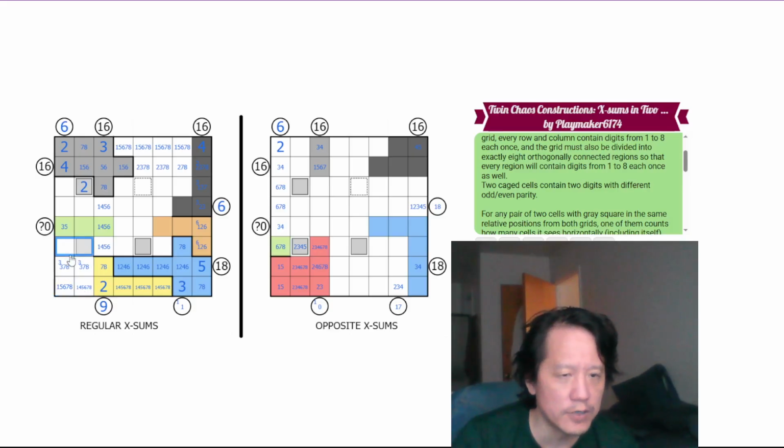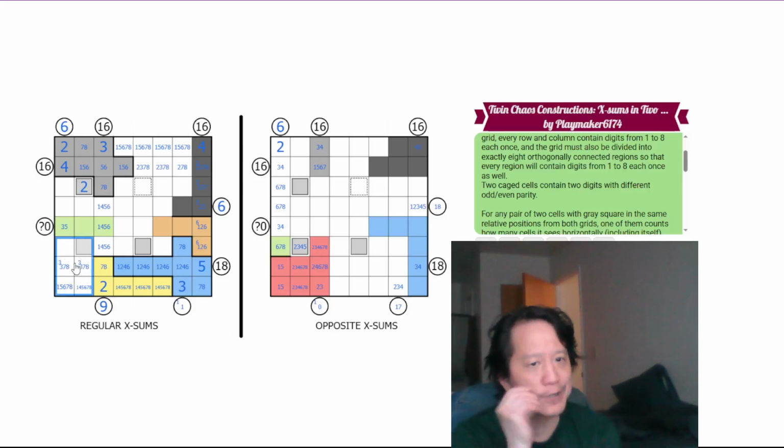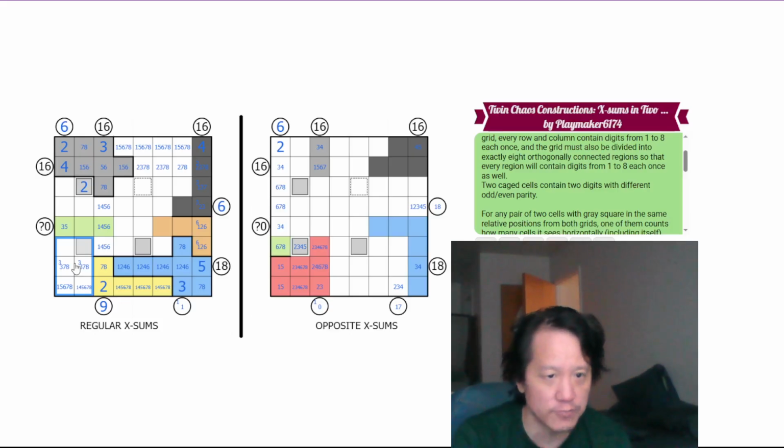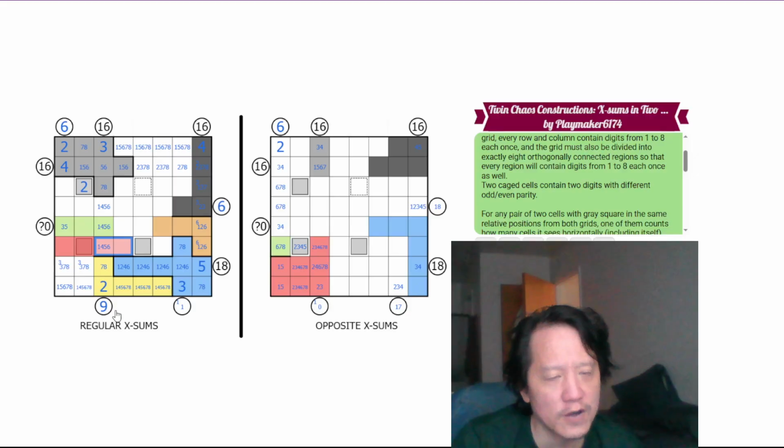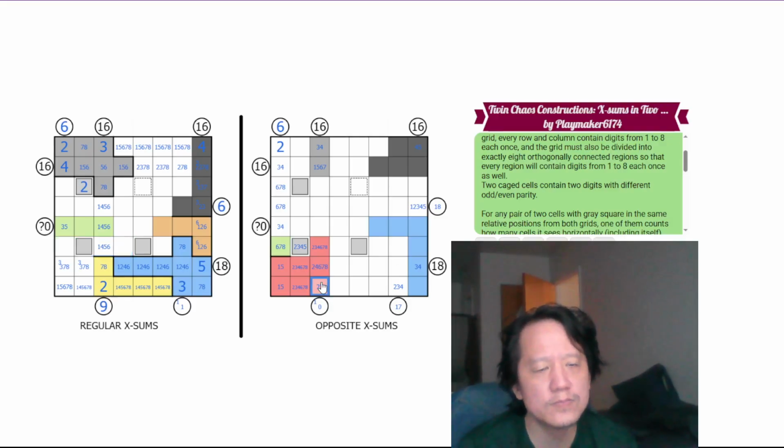So 3 are non-yellow. So they could be part of a full other region, which is not green. That would mean we have 3 reds here. And then 4, 5. I mean, that seems feasible. The problem is that the 5 looked like it worked pretty well.